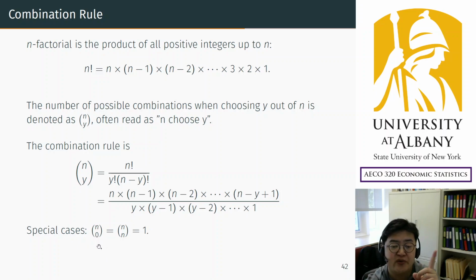There is only one combination because every reservation should not be canceled. That's the only possible scenario for this case. And similarly, when every reservation is canceled, that's the only possible scenario. You don't need to worry about who cancels and who doesn't. There is only one scenario. So in these two special cases, you have to think about 0 factorial, but you don't need to worry about that. It is simply 1. Okay.